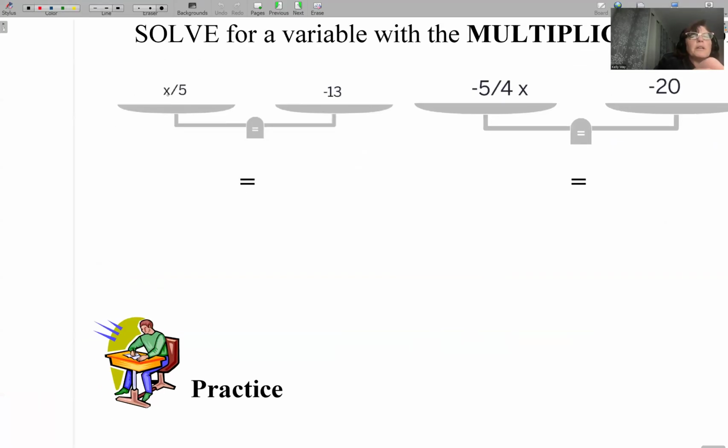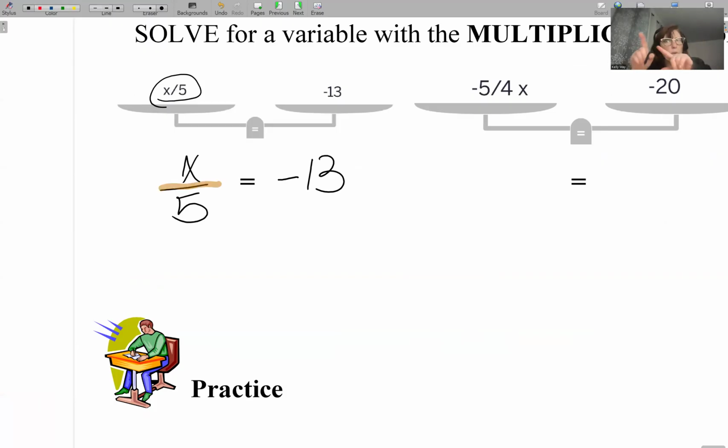This first one is x divided by 5 equals negative 13. This is a division bar, so the opposite or the inverse of division is multiplication. So if we divide by 5, we should be multiplying by 5, technically 5 over 1, because that's the reciprocal.